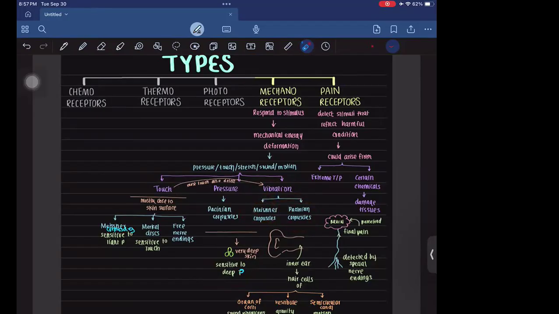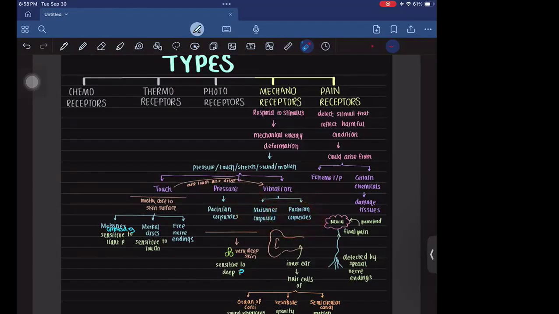So remember, most of the touch receptors can also detect vibrations. Even though they have said most of the touch receptors can detect vibrations, even Pacinian corpuscles come under this. So even the pressure receptor has the ability to detect vibration, like Meissner corpuscles and Pacinian corpuscles. They have given us examples.